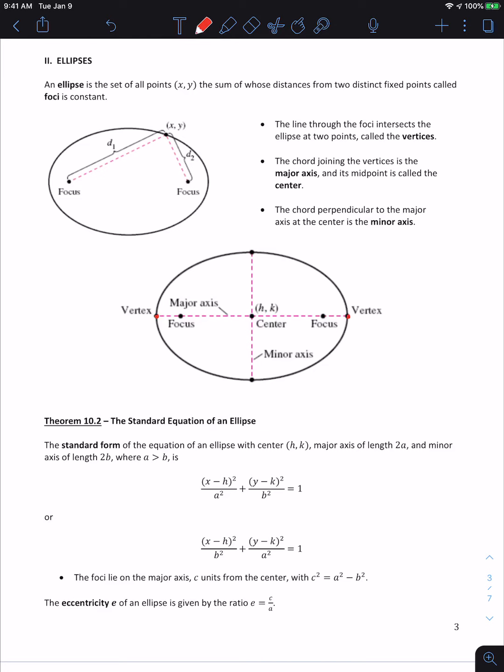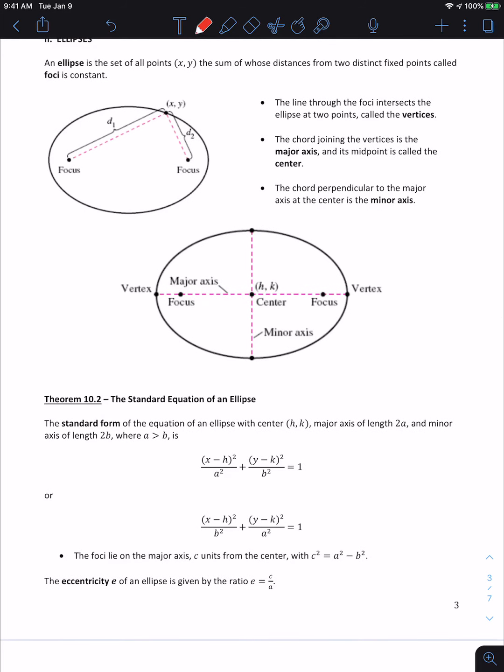The center is always going to be the guy in the middle, what we normally think of as a center. The other axis, the smaller one, is the minor axis. The standard form of an equation of an ellipse with center (h, k) has a major axis of length 2a. So this is the major axis, this length is 2a, and a is the distance from the vertex to the center.